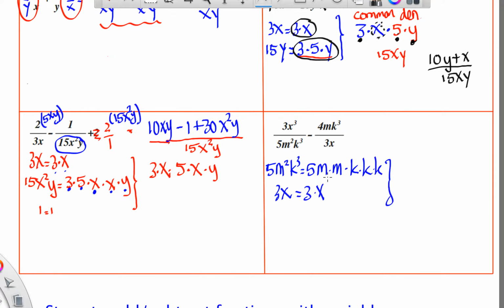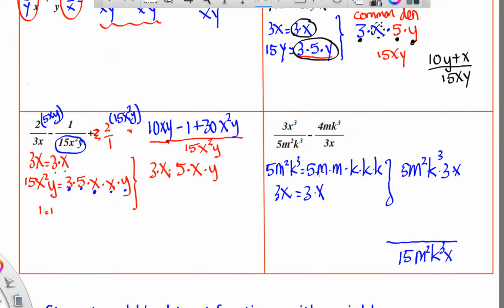Well, I need all of these, so you can really copy that first one, right? 5m squared k to the third. I need a 3. I don't have that yet. And I need an x, and I don't have that yet either. So the multiplication of all these things is your common denominator. So 5 times 3 is 15 m squared k cubed x.